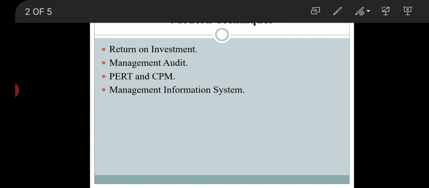Then it evaluates the plans, policies, procedures, which kind of leadership style is being used, which methods are used for communication, and how the relations are between superior and subordinate. All sorts of things included in management are examined under this audit. And these auditors suggest remedial measures for the managerial process on the basis of the audit.